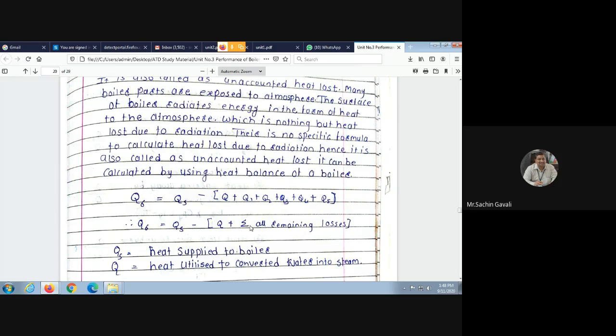They will give the remaining losses in the numerical, so we have to calculate their heat by formulae, plus the heat utilized to convert water into steam. That addition we have to subtract from the heat supplied. Whatever remains unaccounted is called heat loss due to radiation or unaccounted heat loss.